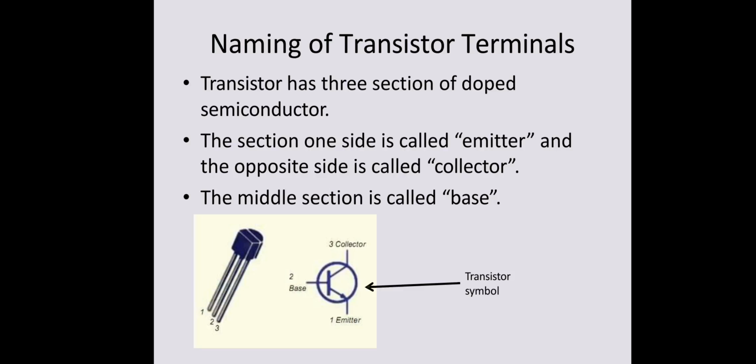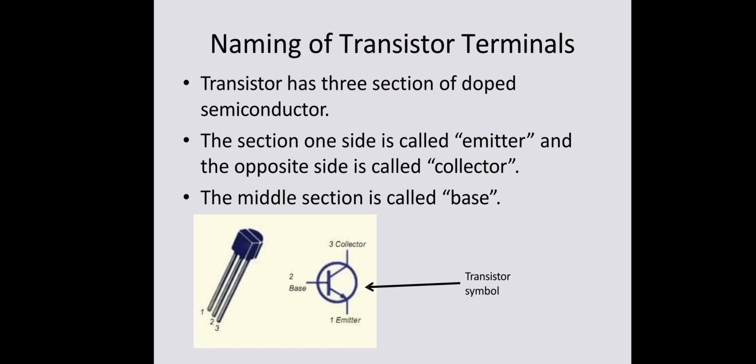Next we can see the naming of transistor terminals. We already said that a transistor has three sections of doped semiconductors. The section on one side is called the emitter and the opposite side is called the collector. The emitter is used to inject minority carriers to the emitter base junction, and the collector is used to collect those minority carriers from the base.